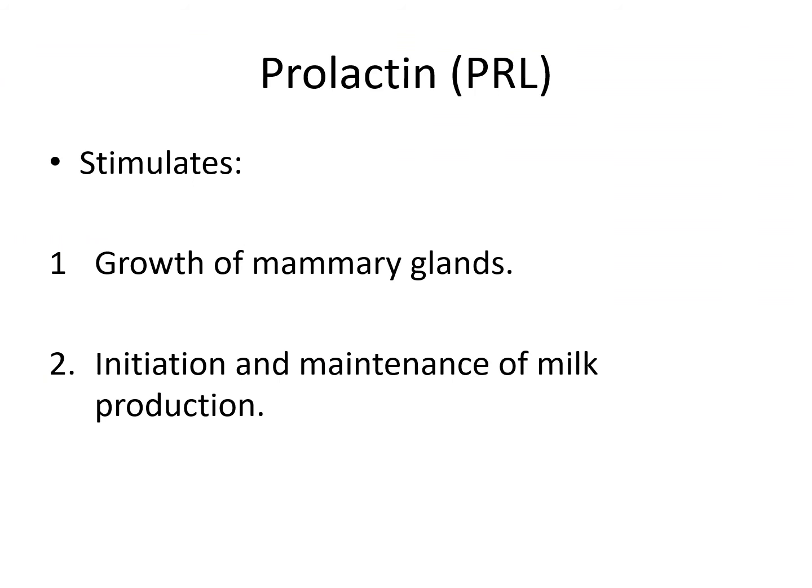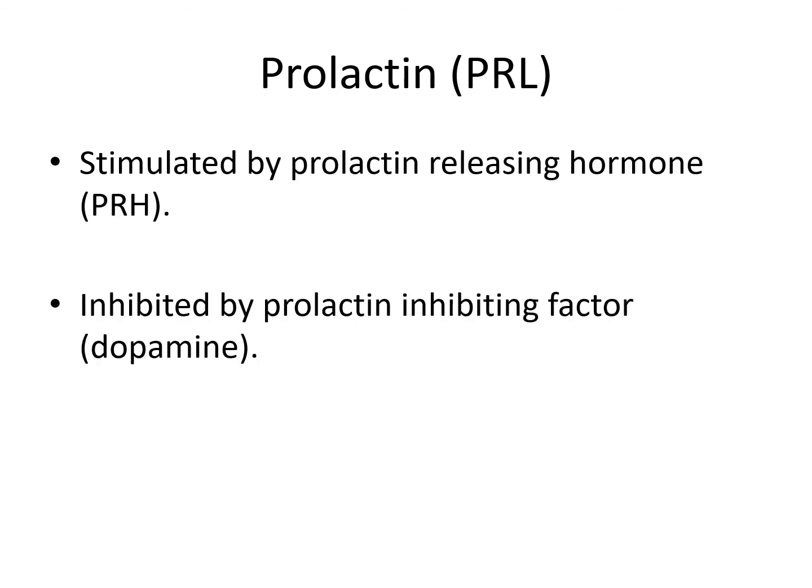Prolactin stimulates the growth of mammary glands and initiates and maintains milk production. It's stimulated by the hypothalamic hormone prolactin releasing hormone, PRH. However, it's inhibited by prolactin inhibiting factor, now known to be dopamine.